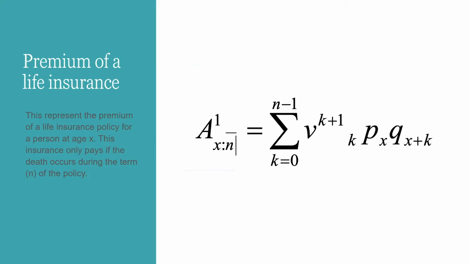So we can see the formula for the premium of these payments, and we consider the probability of life at X and the probability of death at X plus k. Then k is the number of years this person lives, and we consider the present value of this payment during the period of time of this life.